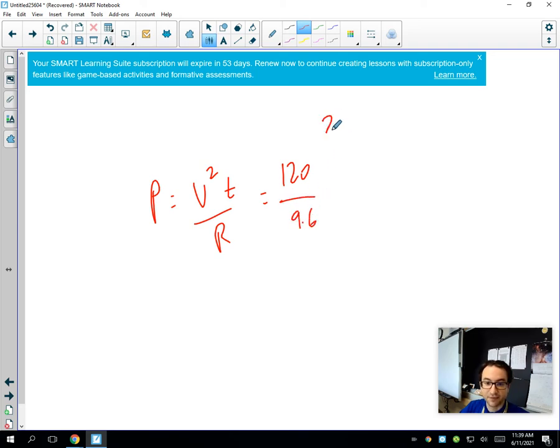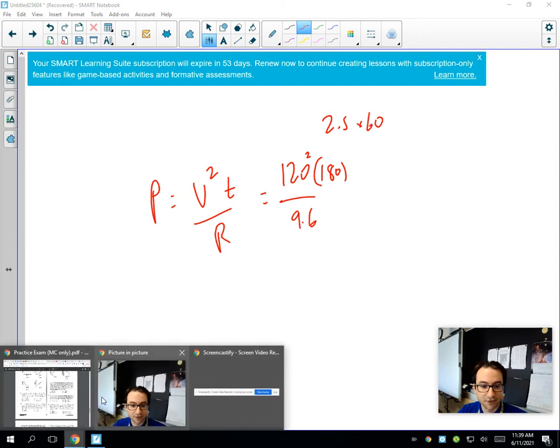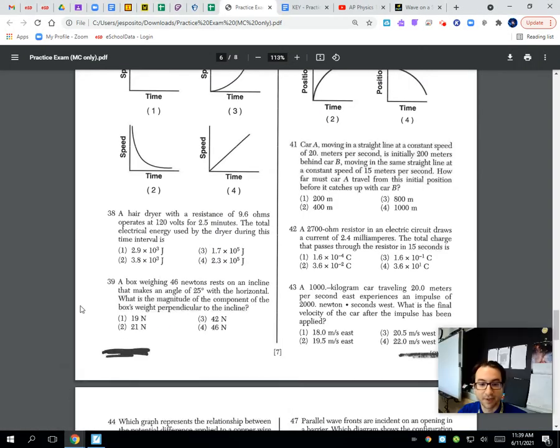Well, 2.5 minutes, 60 seconds each minute, that leaves us with 150 seconds. And here's the squared for the voltage. So we multiply and divide out all of these values. We'll wind up with an amount of joules of energy, and that would give us choice 4, 2.3 times 10 raised to the 5th.